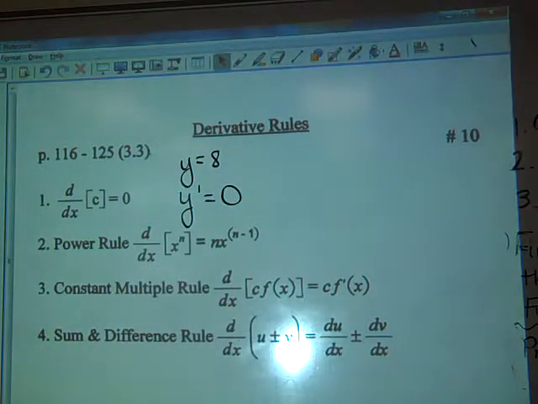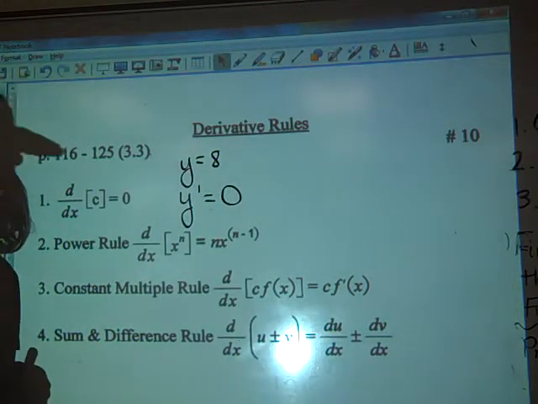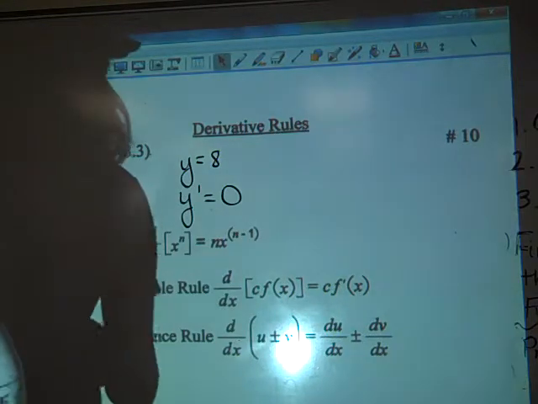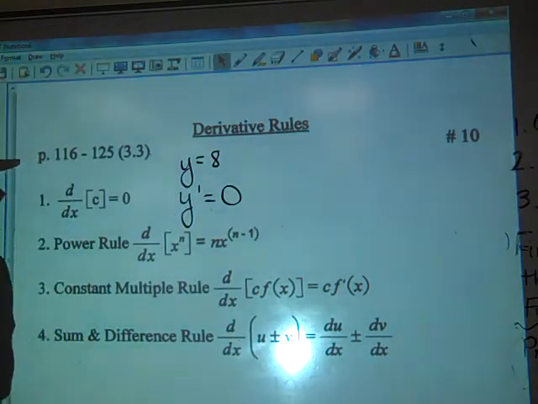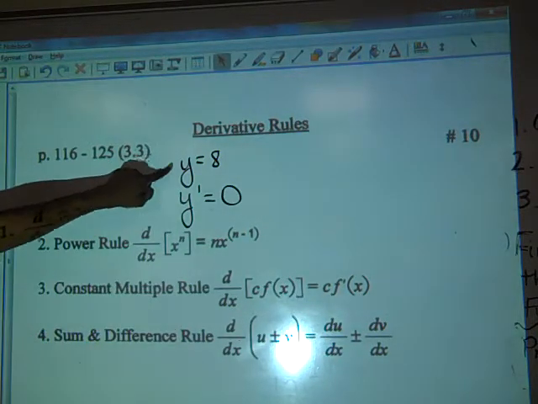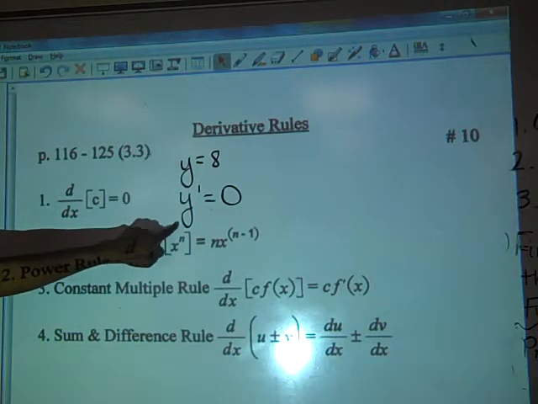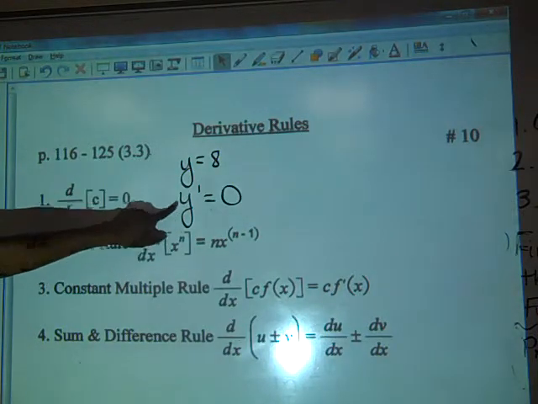Well, let's think about it. What does y equals 8 look like? A straight line. All lines are straight, let's be more specific. A horizontal line. Now, the derivative is a slope generator. I don't care where I generate the slope. What is the slope of a horizontal line? It is 0. That is why the slope of a constant function is 0, because it's a horizontal line.